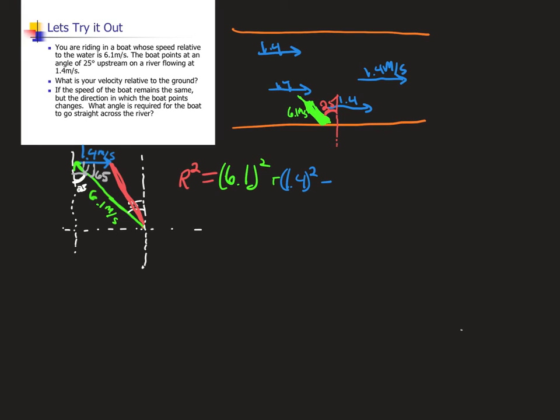minus, and I'll try and go general on this one, the 2 multiplied by 6.1, and then the 1.4, and then times the cosine of theta, which in this case is going to be 65.